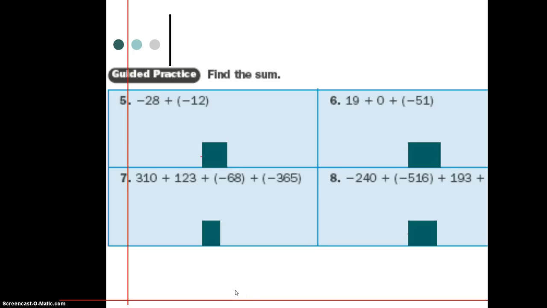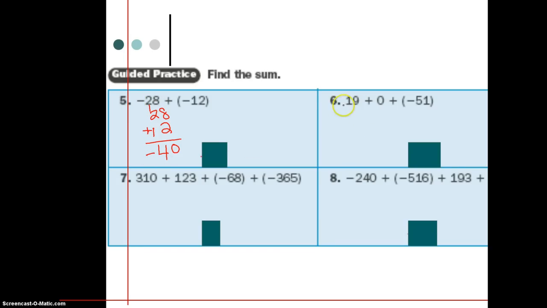Please pause the video and try numbers 5, 6, 7, and 8. For number 5, you have the same sign, so all you need to do is add and then keep the sign, which is negative.